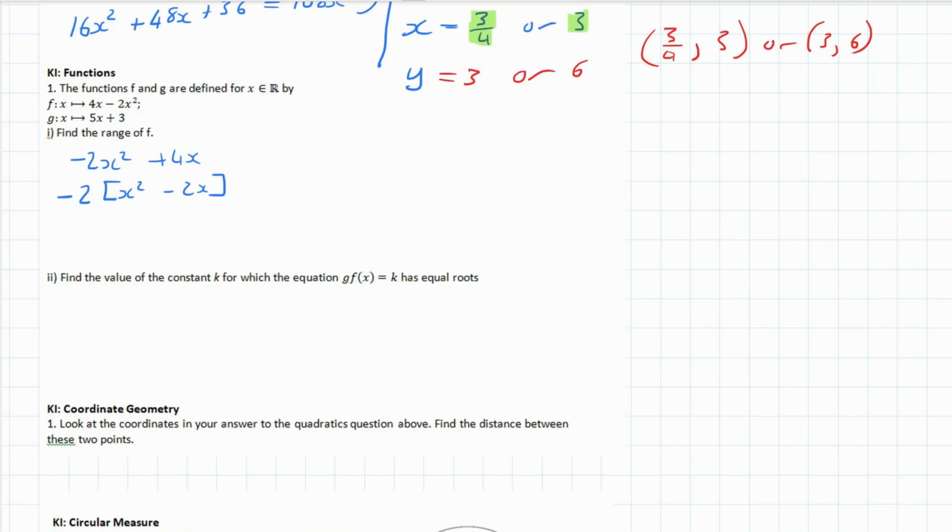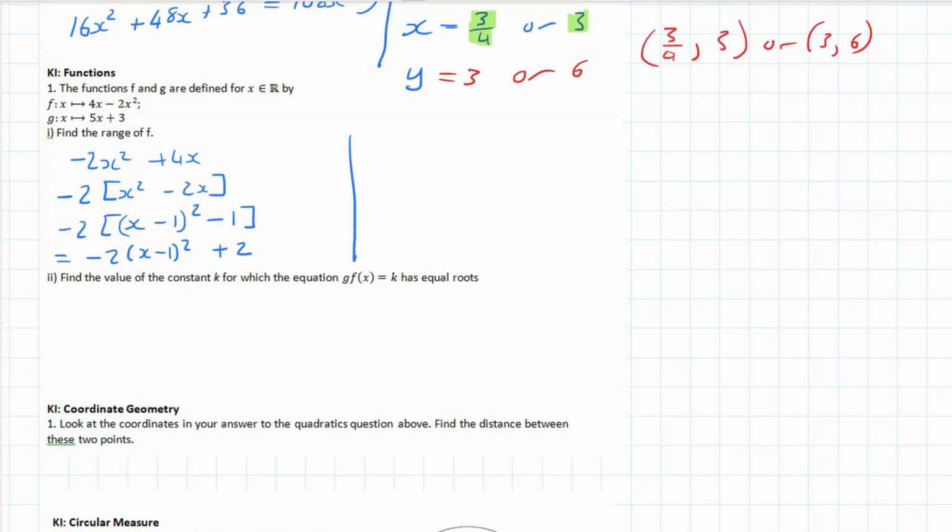Okay. Now we will complete the square. So it'll be x minus 1 squared minus 1, and that's equal to negative 2 (x minus 1) all squared, and that'll be plus 2.